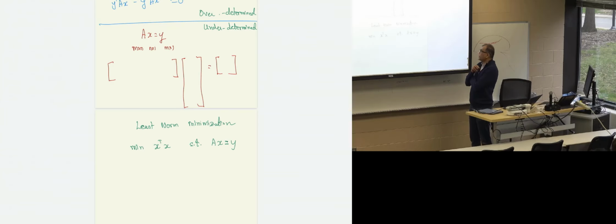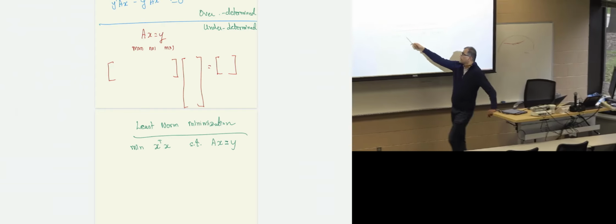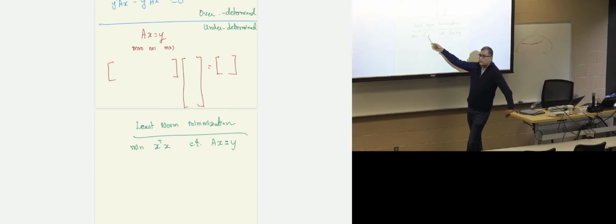But here we know that we can satisfy Ax equal to y, and I want to find those vectors x that minimize this. So now you're adding some additional constraints so that you can actually get a unique solution. Otherwise, you won't get a unique solution because many possible x's can satisfy this equation.